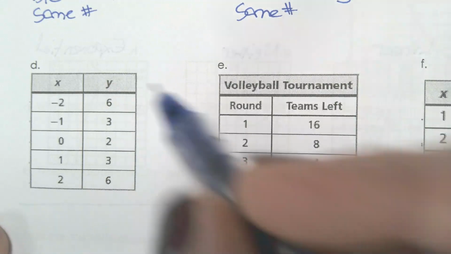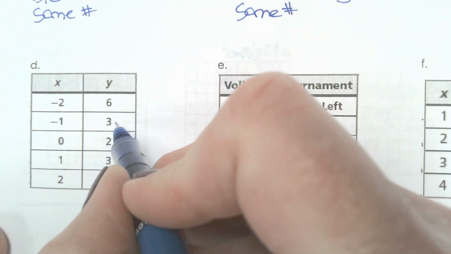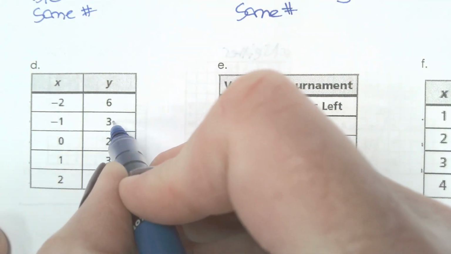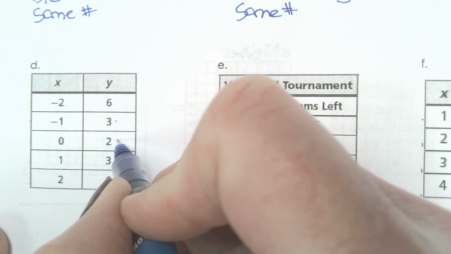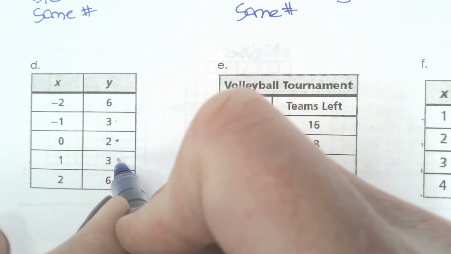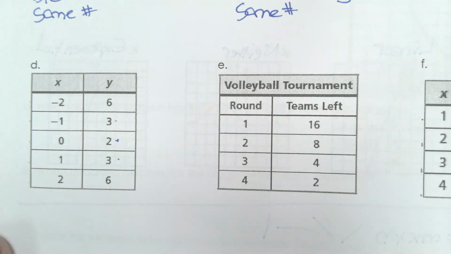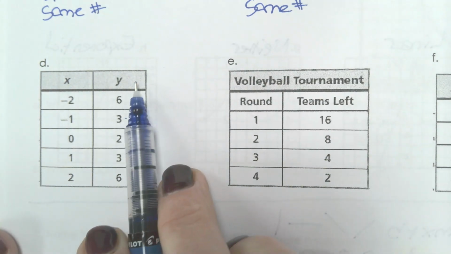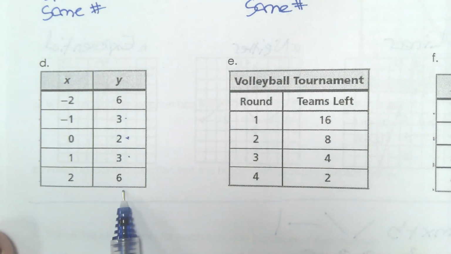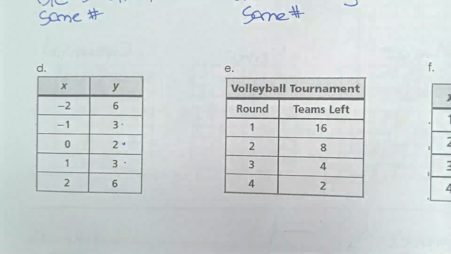So first you might say, okay, so to get from 6 to 3, I went minus 3. But 3 to 2 is a minus 1. Now I go plus 1 again and plus 3. So I'm adding and subtracting to get to the next one. So it's not linear.